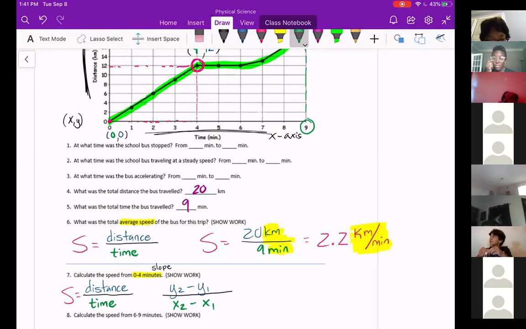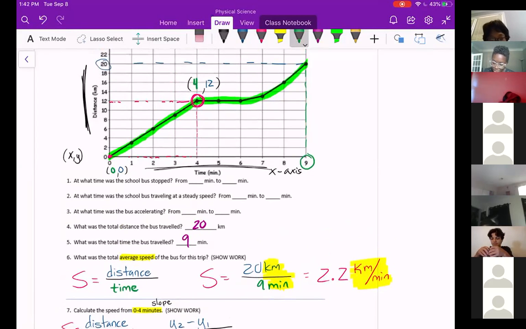So let's look at this. Remember when we're writing these addresses, it's always x and then y. Everybody with me? x and then y.